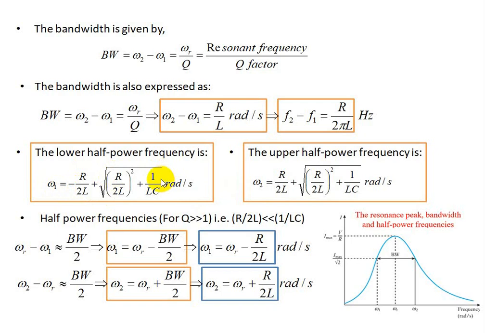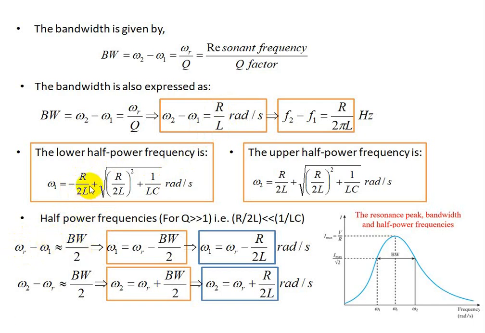We know that 1 by under the root LC is nothing but omega R, and R by 2L is nothing but bandwidth by 2. The bandwidth is R by L, so R by 2L will be bandwidth divided by 2.